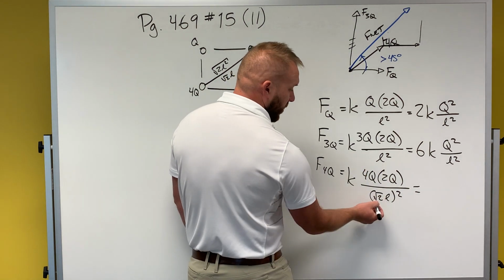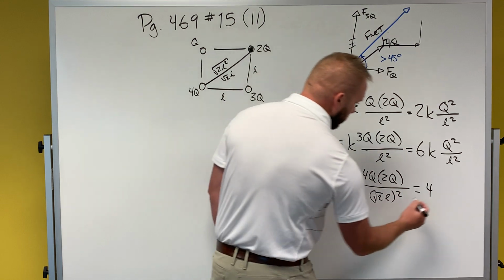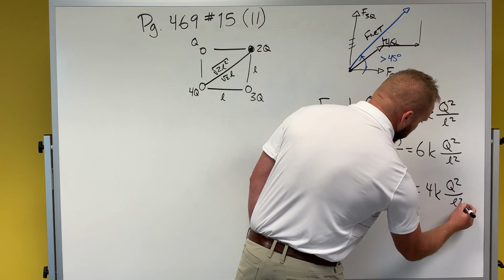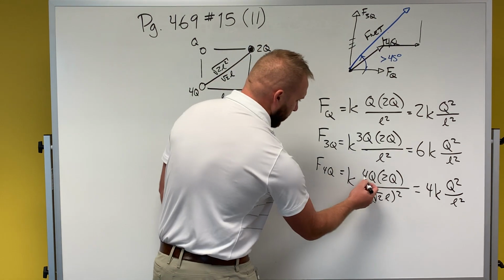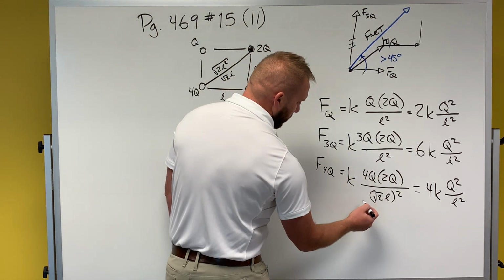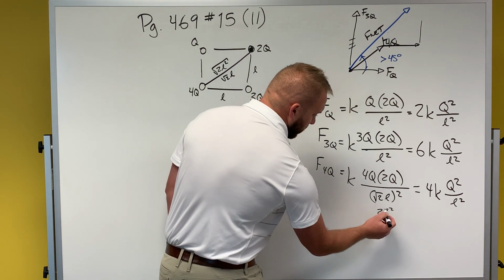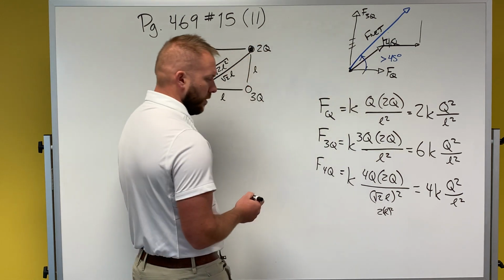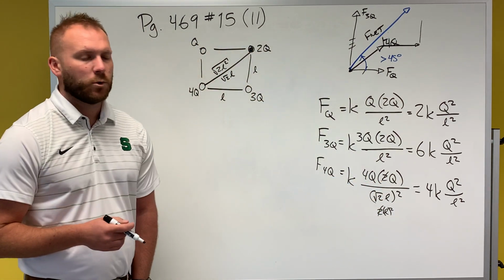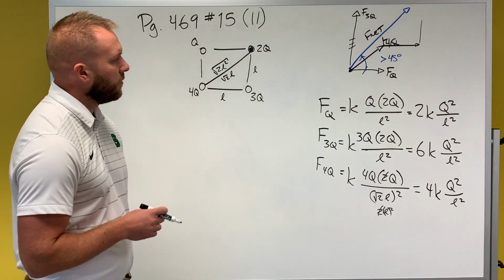And because the square of radical 2 gives me 2 there, the bottom is 2L squared, so that can cancel out with the 8, and that's where we get the 4. So it's 4KQ squared over L squared. Okay? So that's how I get my individual values.